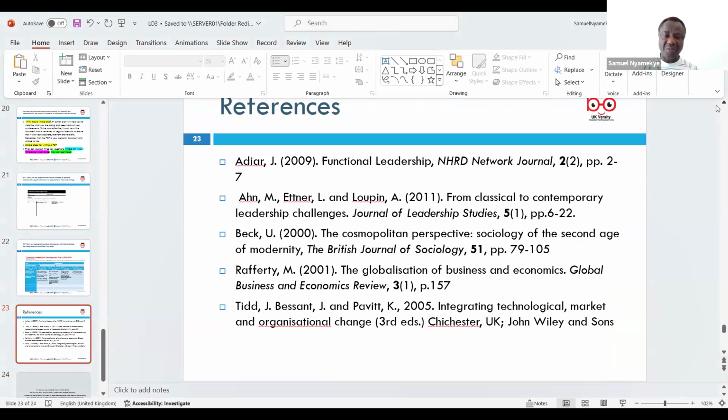I would not even go further away. I'd just read these; they should be more than enough. So go through, and if you have any issues, you can reach out. Tomorrow we'll look at some of these things if you still have any challenges.